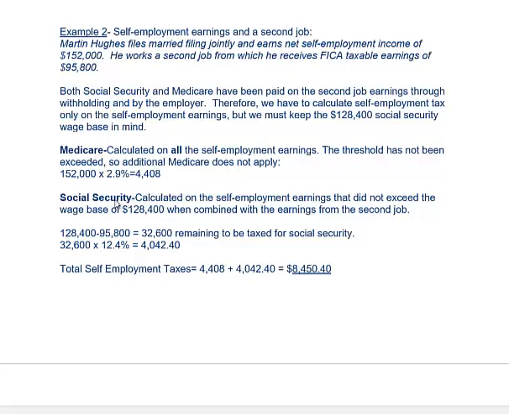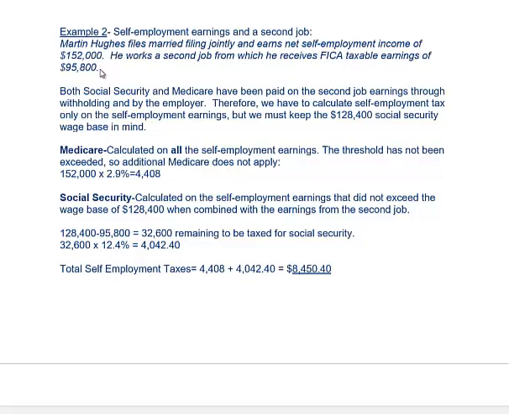Now it's time for Social Security. Remember, always when calculating Social Security, you have to keep the wage base in mind of $128,400. Now, Martin has already paid Social Security on $95,800.